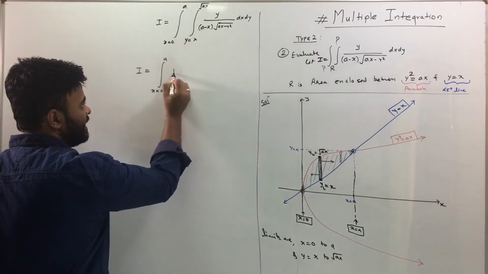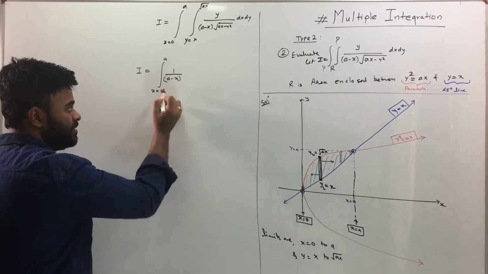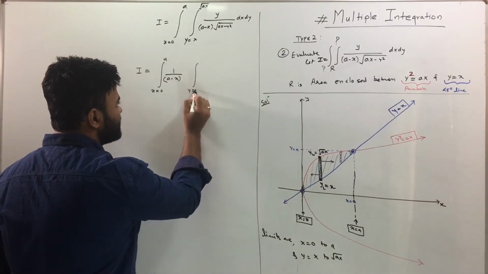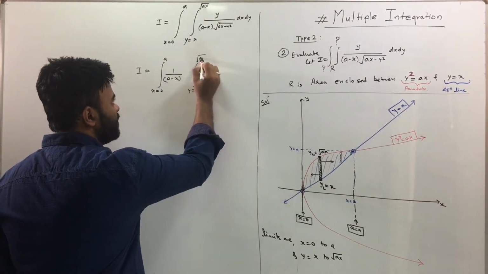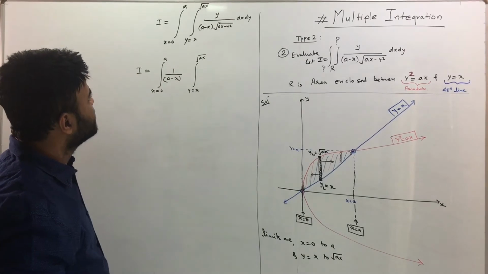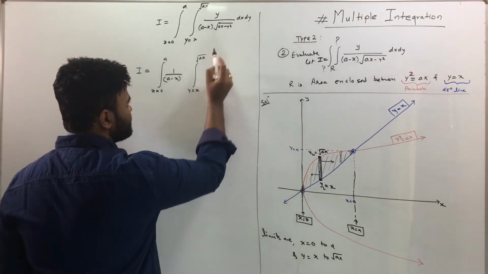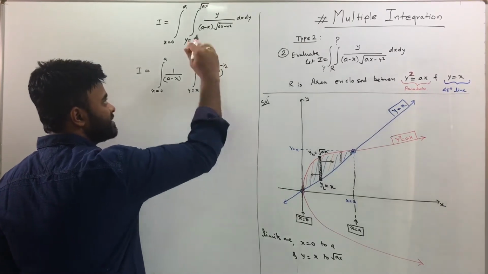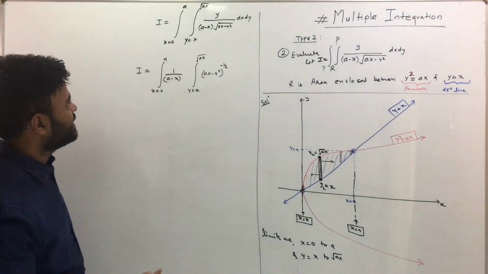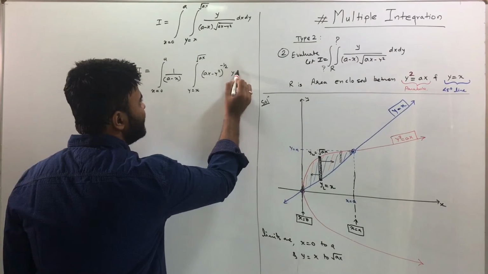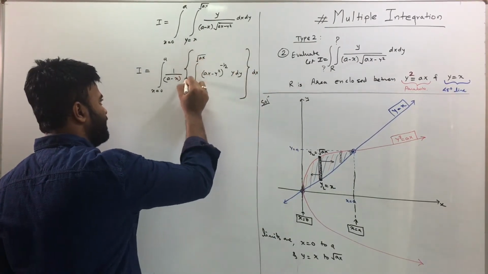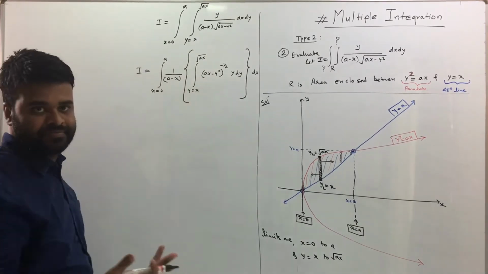I can simply take that 1 upon a minus x out, because I'm going to integrate the inner integral first, which is y is equal to x to root of ax. Okay, so I get ax minus y square raised to minus half, and then I have y dy, and dx is out. So I'm focusing only on this integral.